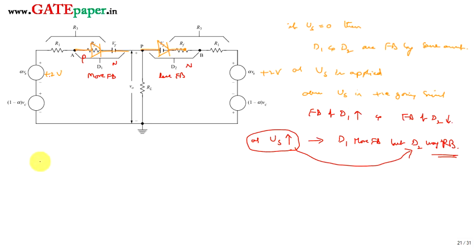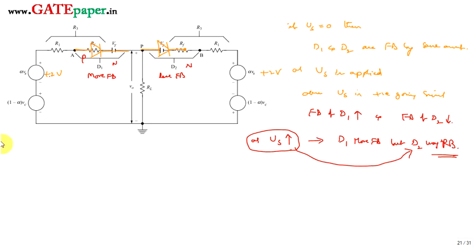We are going with the minimum control voltage for the application of Vs that makes diode D2 reverse biased and diode D1 forward biased. Just at the verge of forward bias, it is going into reverse bias.